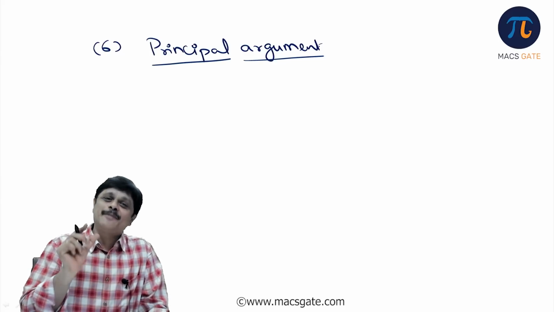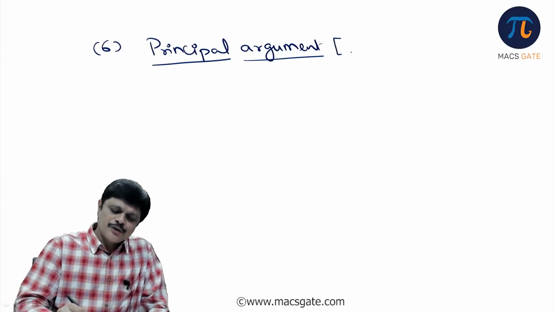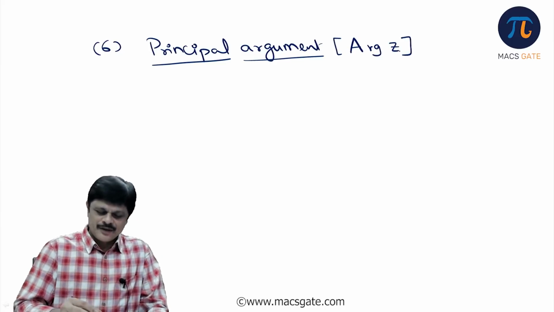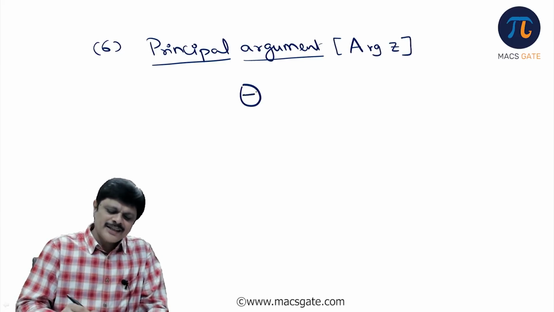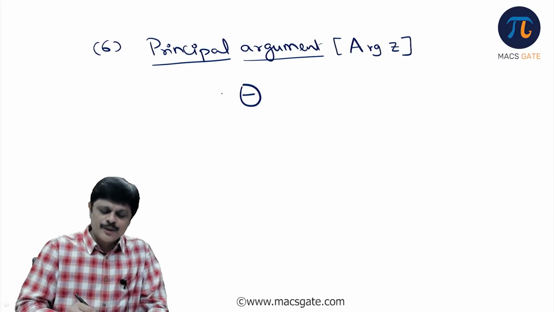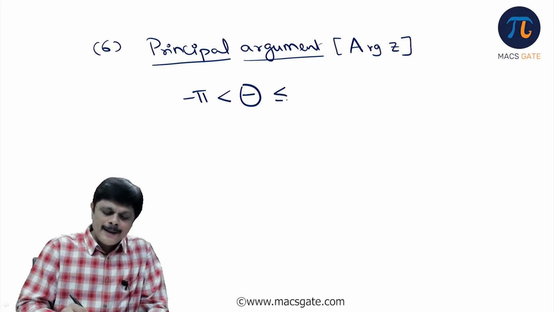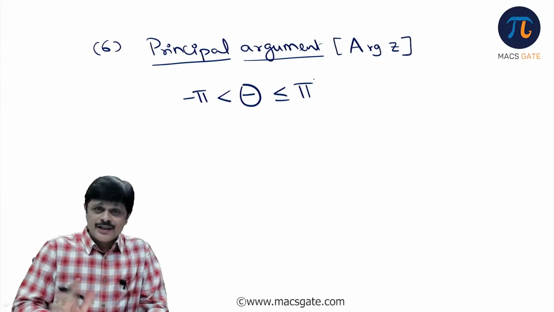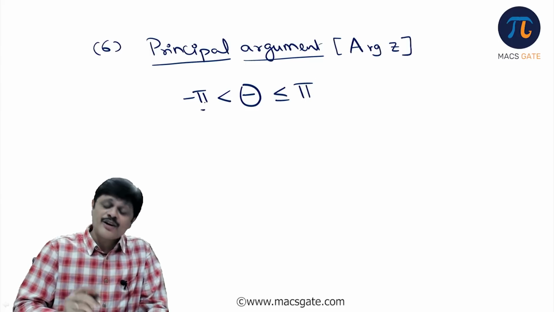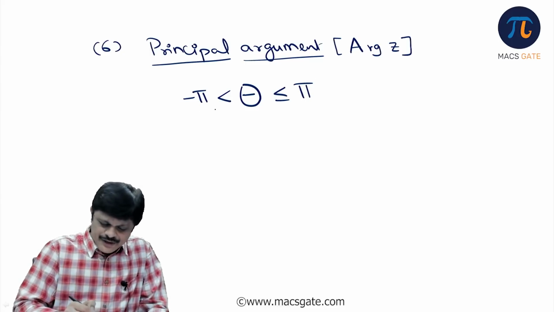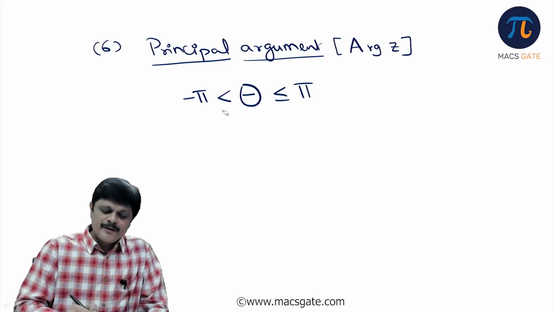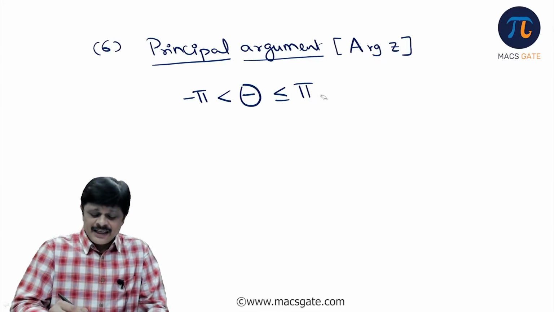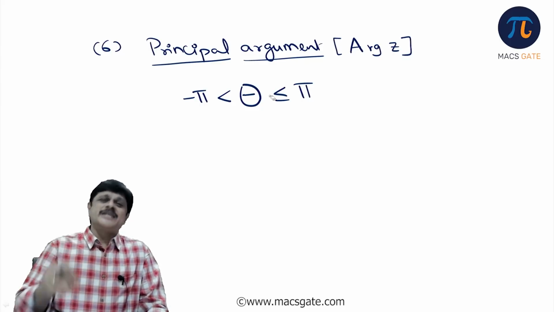They write capital A for this, Arg, with capital A, and they use capital theta also for this. This principal argument is the value of theta which lies between minus pi to plus pi. Pi is included, minus pi is not included. There is no equal to sign for minus pi. If it lies between minus pi and plus pi, that particular argument is called the principal argument.